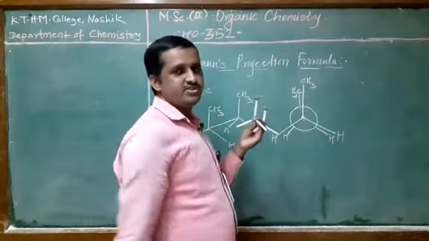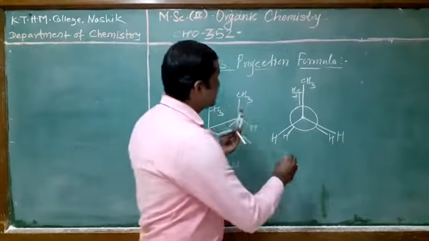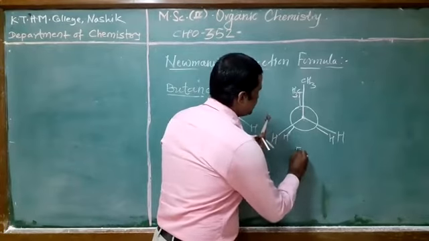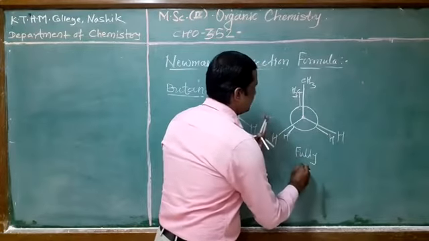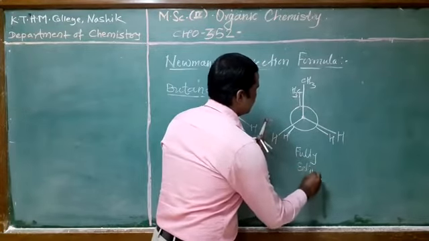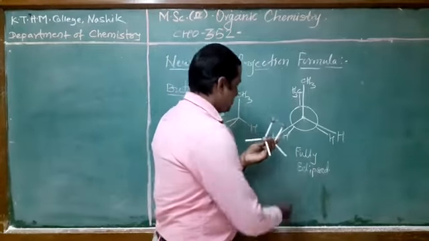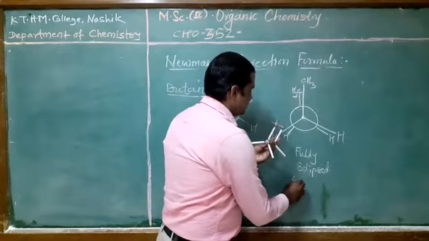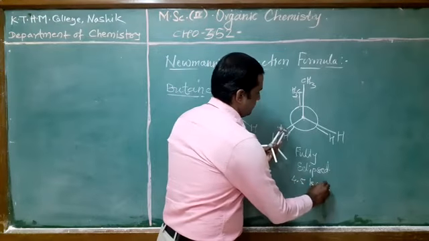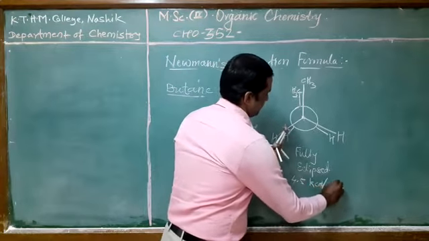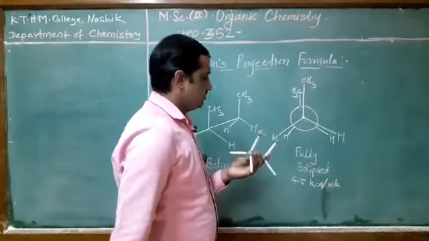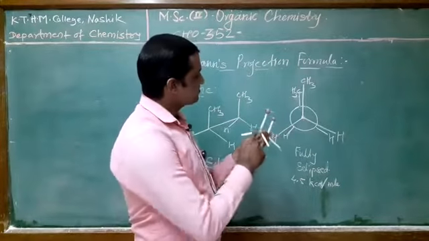This situation is observed in the eclipse conformation. This conformation is called the fully eclipsed conformation, which has the energy 4.5 kilocalorie per mole.